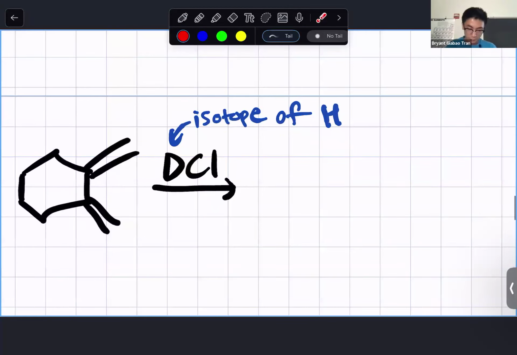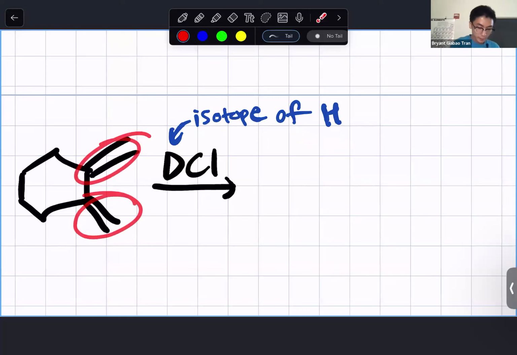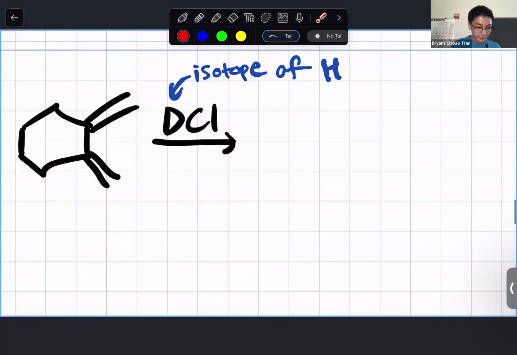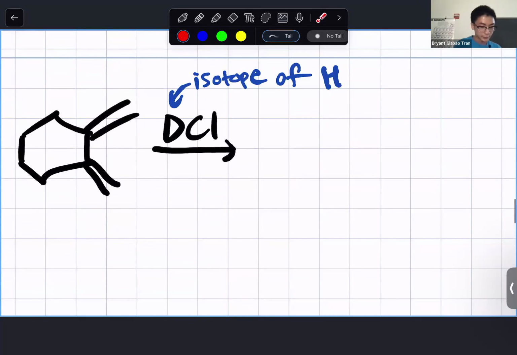So we have two alkenes here, and both of them are going to react with this DCl. But since this is a symmetrical system, it wouldn't matter which alkene we reacted with. If we reacted with this alkene, it will give us the same intermediate as if we reacted with this alkene here.